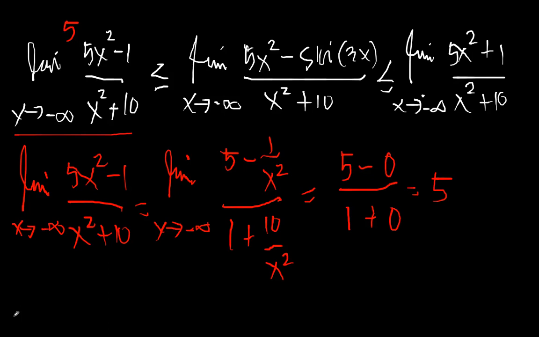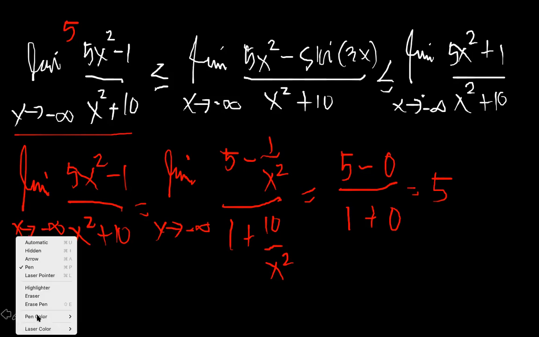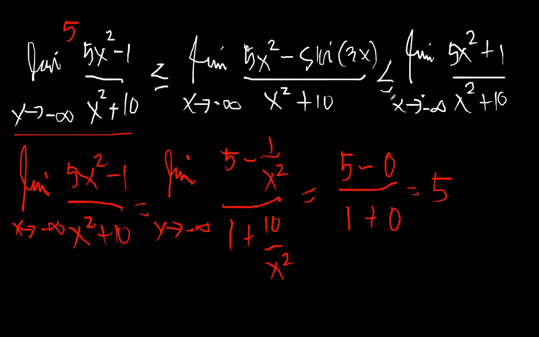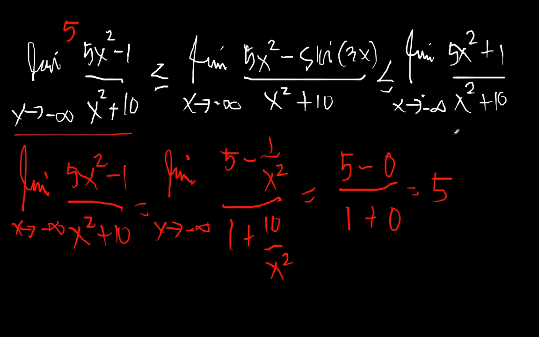Now let's work on the limit on the right-hand side. So let's use blue here. That's the limit of 5x squared plus 1 all over x squared plus 10 as x approaches negative infinity.